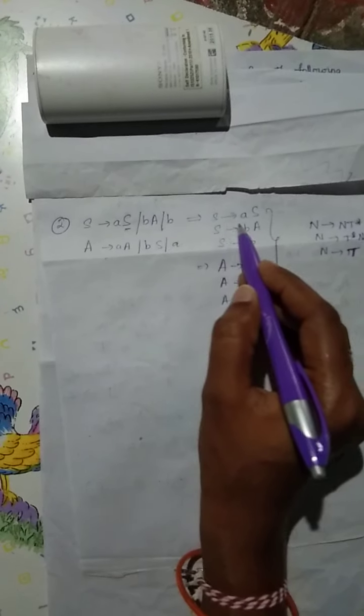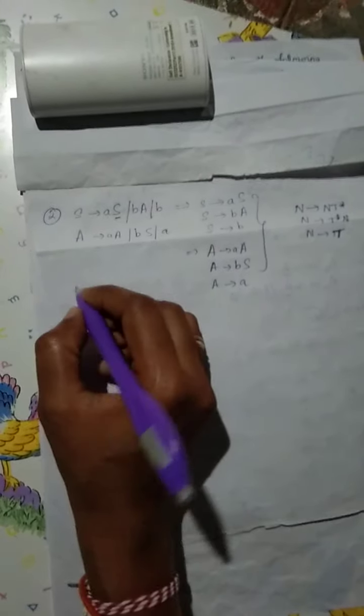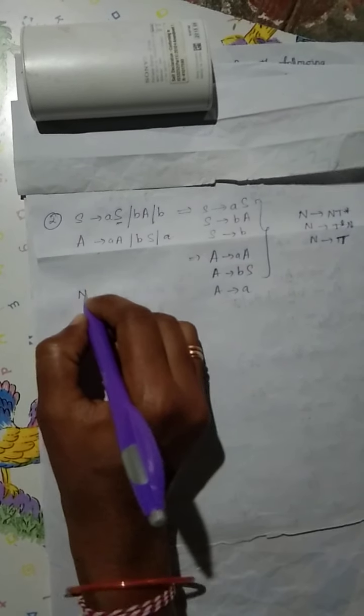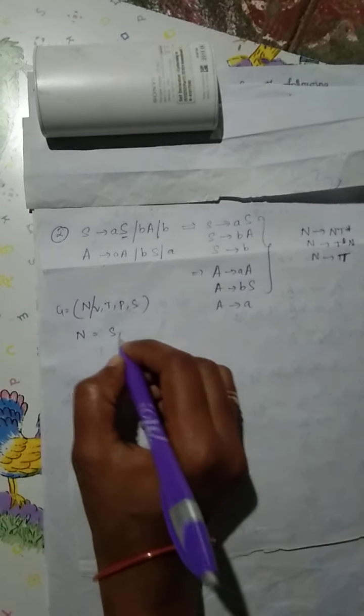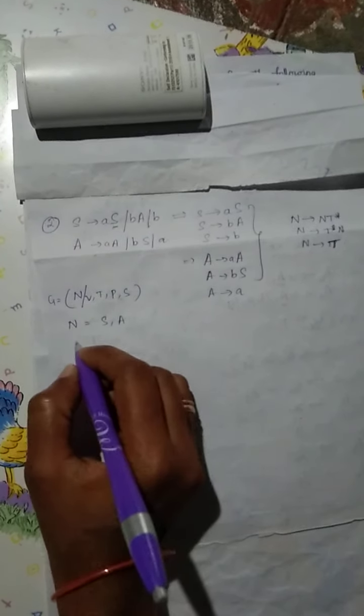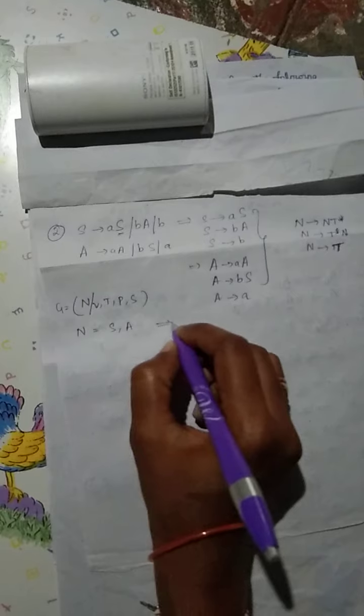So what is the first production? S tends to AS. First define the grammar as V, T, P, S. What are the non-terminals here? S and A are the non-terminals, and these will act as the states in your automata.